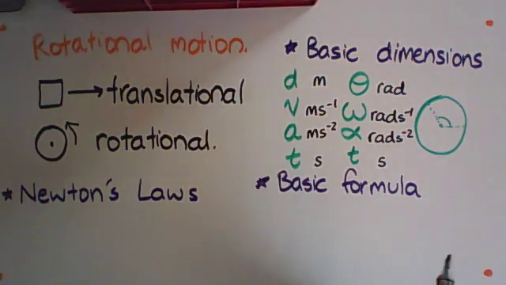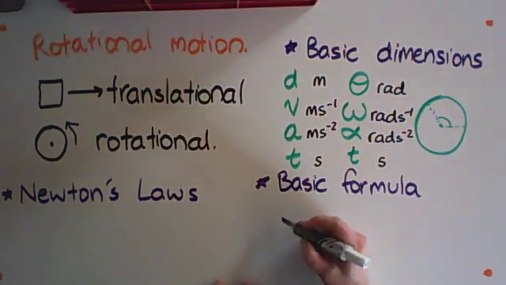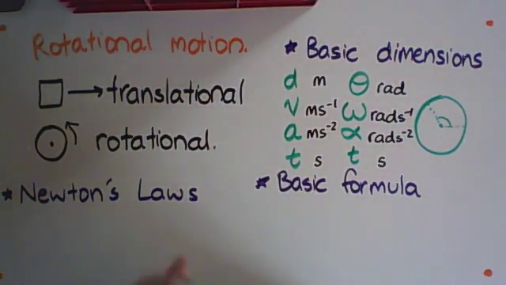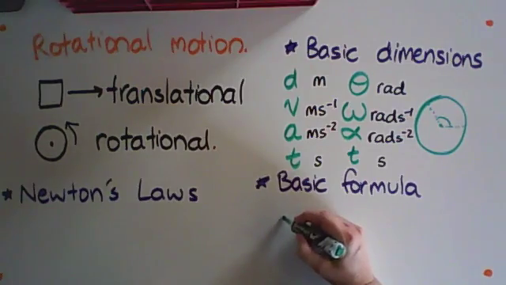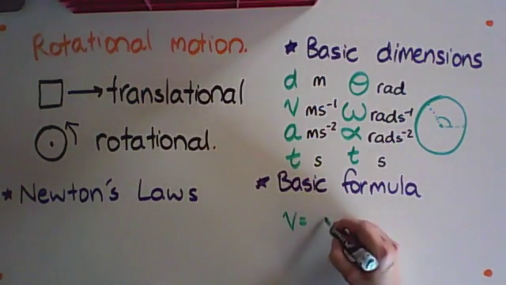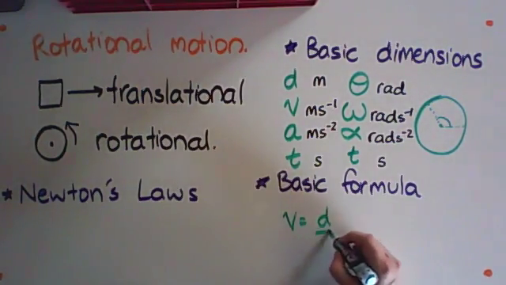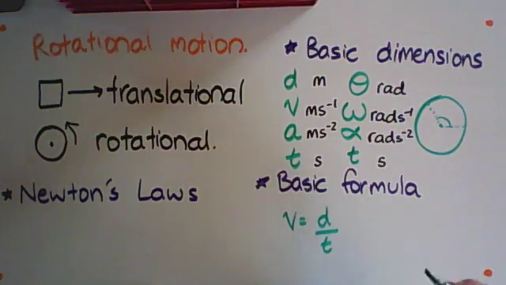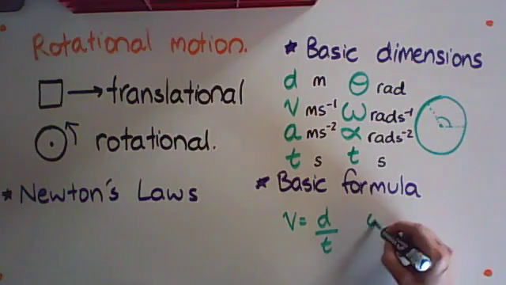Excellent. And we have the same basic formulas. Just like in level 1 science, we learned that velocity is the change in the distance that you travel divided by the time that it takes you to travel that distance, it is exactly the same here.